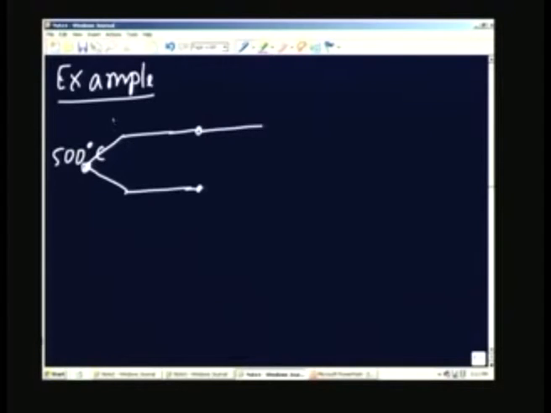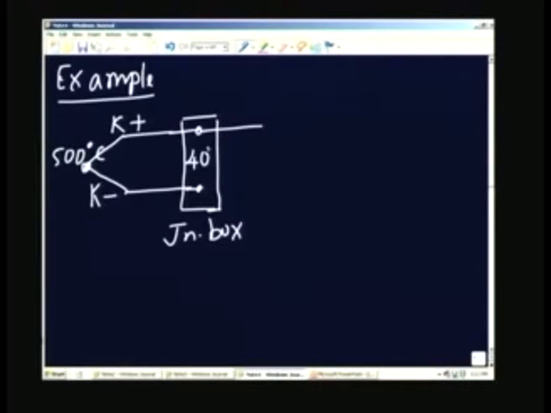This is K type positive, this is K type negative, and extension wires are connected to a junction box. We have already discussed the use of a junction box which is maintained at 40 degrees centigrade.